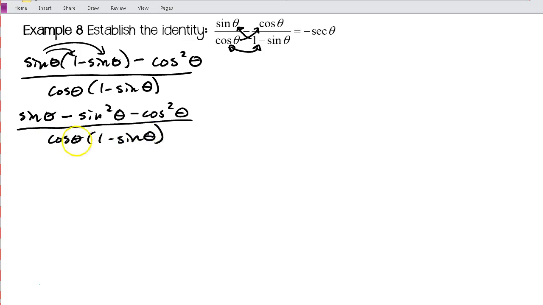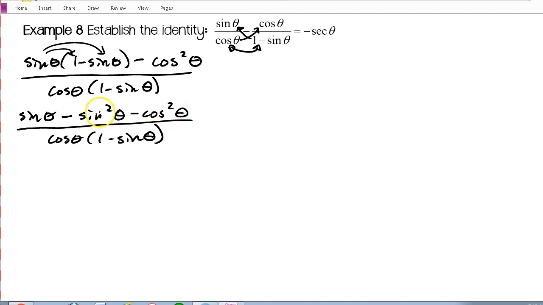So if you're wondering why I haven't distributed in the denominator, I'm not sure that I'm going to need to yet, so I'm going to hold off, because sometimes I'll get a factor of one of these factors on the top and I can cancel those. So I'm going to go ahead and still do that later.